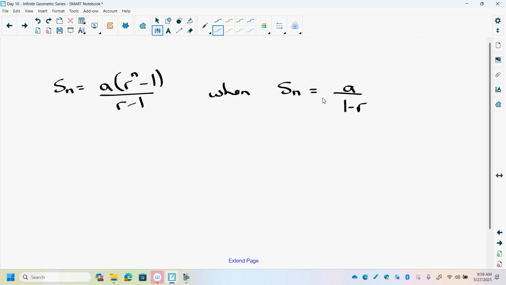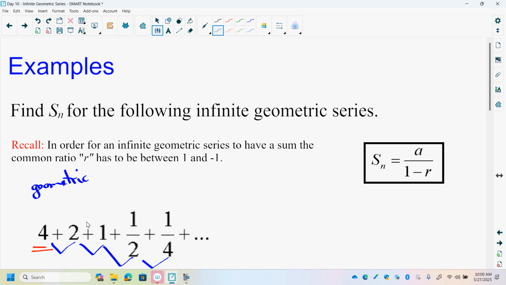Not necessarily, not just when the R value is between -1 and +1, but that tells me that I could use this formula. But remember, this is for finding an infinite, or the sum of an infinite number of terms. This one was for finding an indicated sum. So you would use this one if it said find S10, no matter if R was 2 or if R was a half. Okay, so don't assume that just because your R value is between -1 and +1, you have to use this formula.